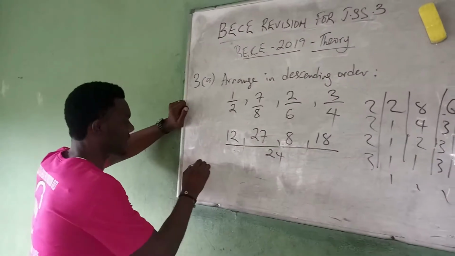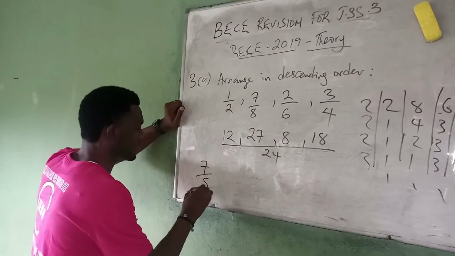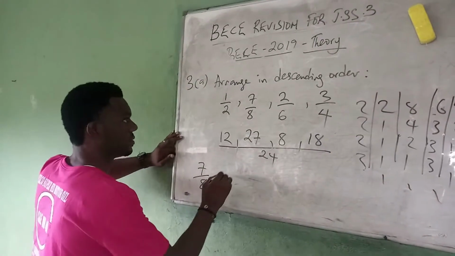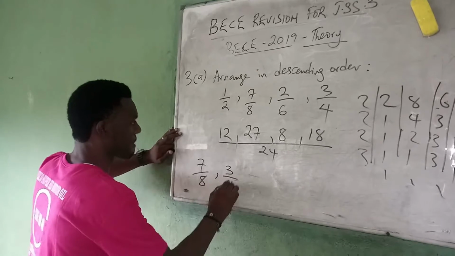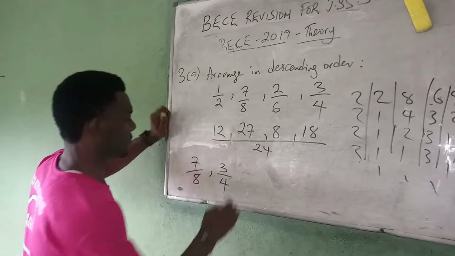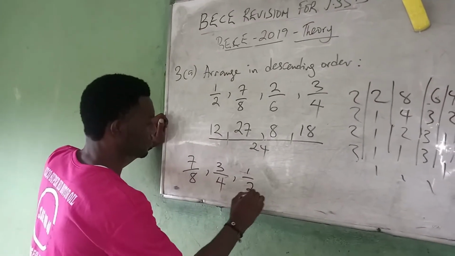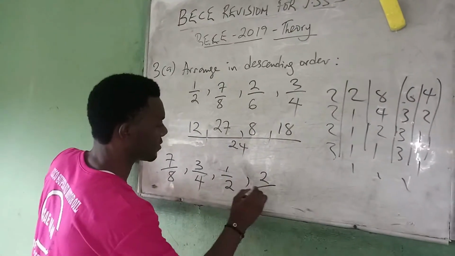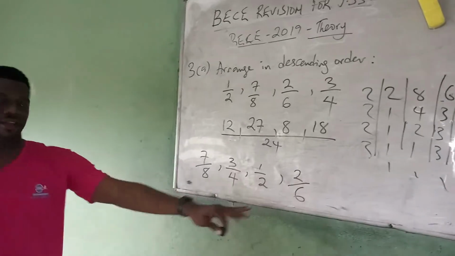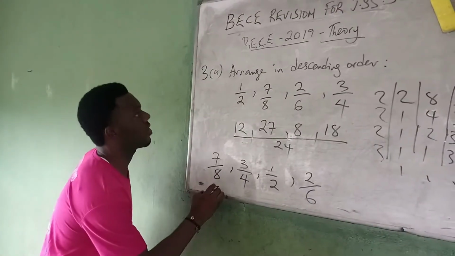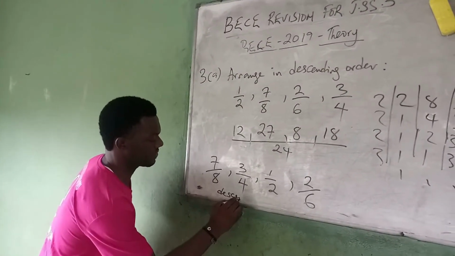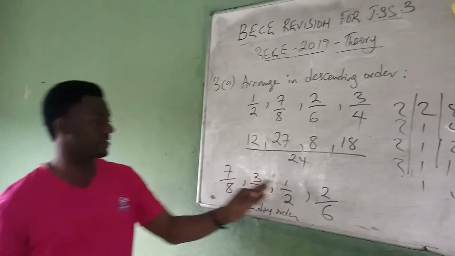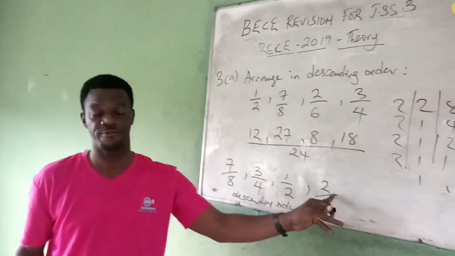So in descending order, we have 7 over 8, followed by 3 over 4, followed by 1 over 2, and finally 2 over 6. So this is the arrangement in descending order, from the highest to the lowest fraction.